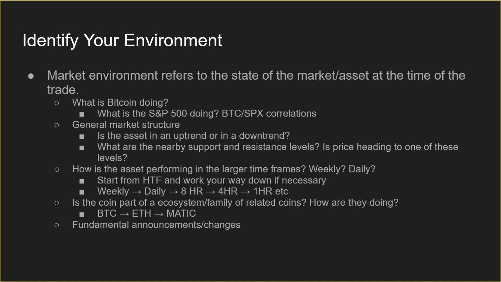Even if we're just a technicals trader, we just want to focus on the chart, we do want to have a basic understanding of what's going on fundamentally with the coin that we're trading. Is there anything that may cause the trade to either go in my preferred direction or cause it to go against my preferred direction? We want to be aware of all variables as best as we can.